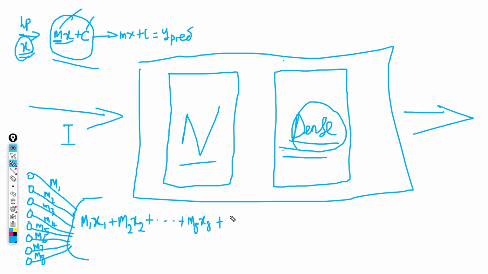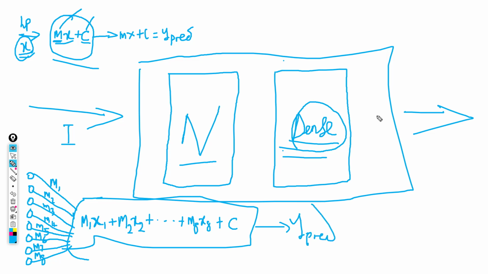Then we add the bias C, and then we have plus C. This is exactly what goes on in our dense layer, and then we have our output y predicted. So that's it. We now understand exactly how this dense layer works.